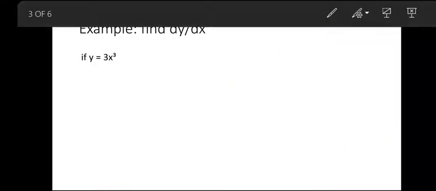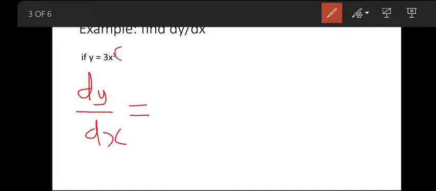Now this question says we have to find dy over dx if y is equals to 3x raised to power 3, which is 3x cubed. So for y to be equals to 3x cubed, to find the derivative, we are now going to have dy over dx is equals to, then this 3, we multiply this 3. So which is now 3 times 3.